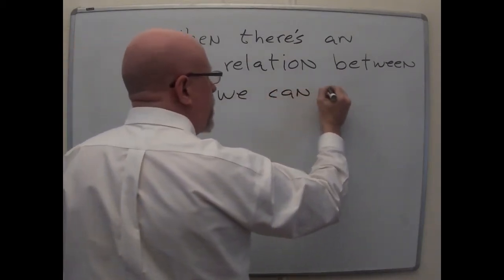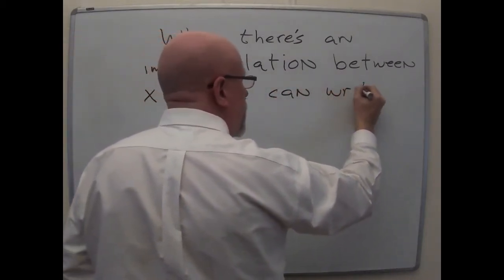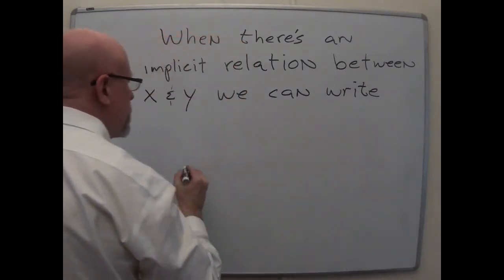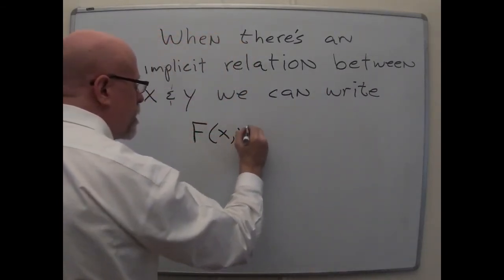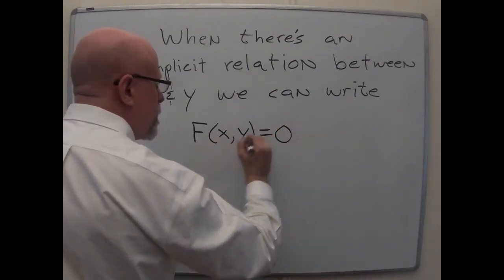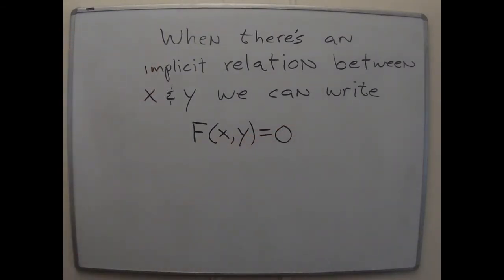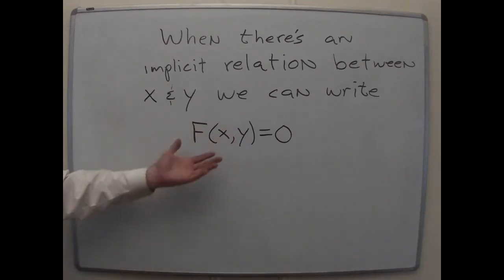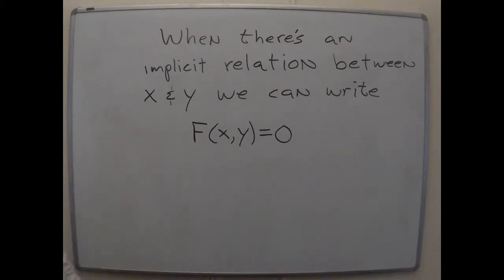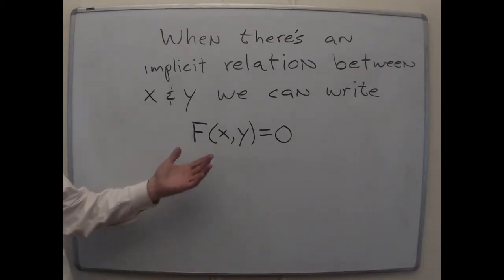We want to be able to write there's some function of x and y that's equal to 0. Really, this would be whatever the relationship between x and y was, but we'll think of that as a function, and now it's in the multivariable setting.